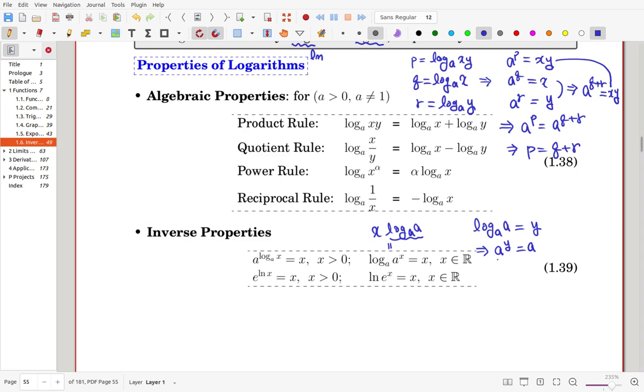For a to the y power to be a, that means y must be 1. In this computation, we tried to find this value and named it y. Now y is found, which means log base a of a, for any a, is always 1.